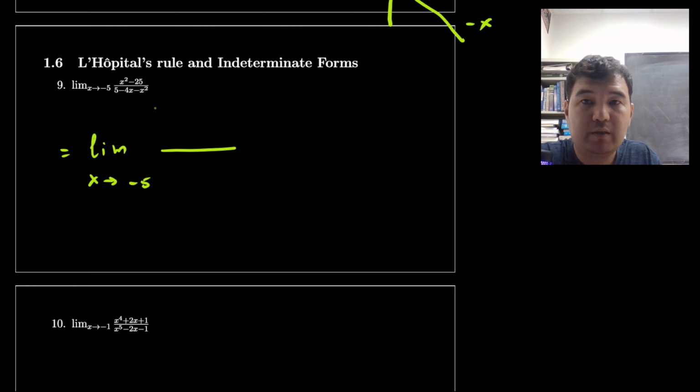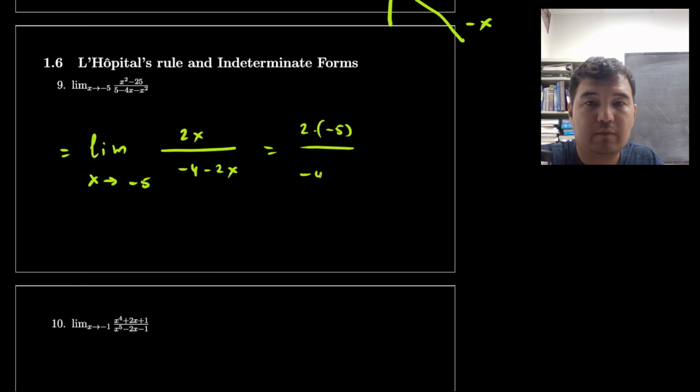The derivative of the numerator is 2x, and the derivative of the denominator is -4 minus 2x. Now if you plug in -5, it's 2 times -5 over -4 minus 2 times -5. So that's going to be -10, and here we have 10 minus 4, which is 6. So the answer is -5 over 3.